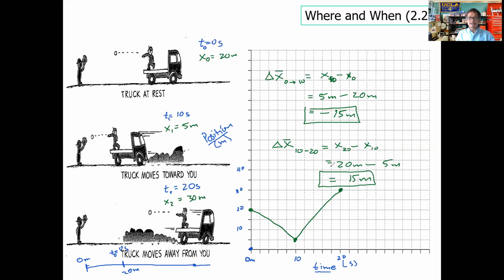Even though the displacement earlier is negative, the truck ends up at a positive 5 meters because he's still on the positive side of the positional graph, but he moves back towards the origin. Here we have a positive 15 meters because now he turns and moves in the positive direction.